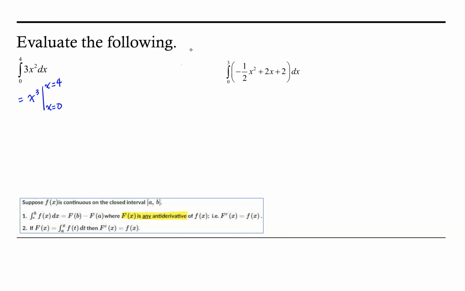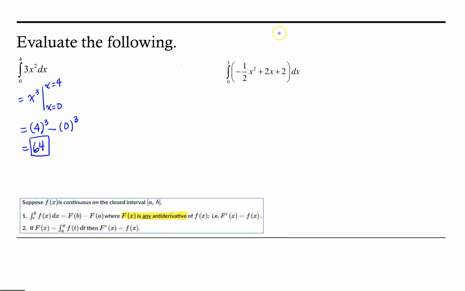So substituting x equals 4 into our antiderivative, we get 4 cubed, minus, and then substituting 0 into our antiderivative, we get 0 cubed. 4 cubed is 64, minus 0 cubed, so we would simply end up with 64 as the value of our integral.